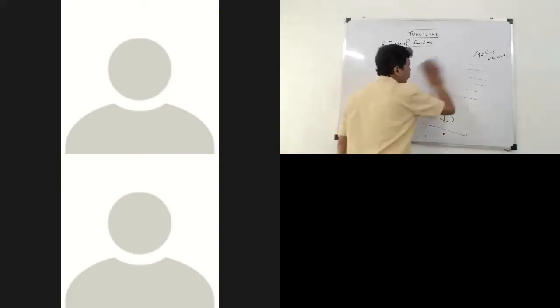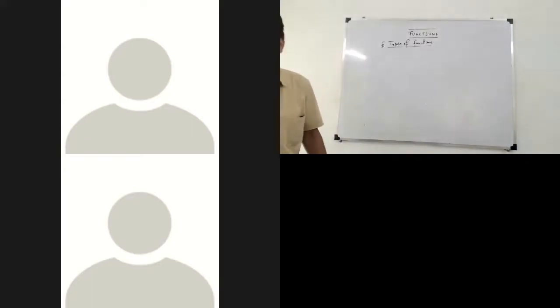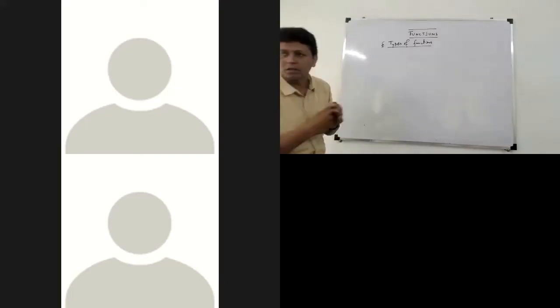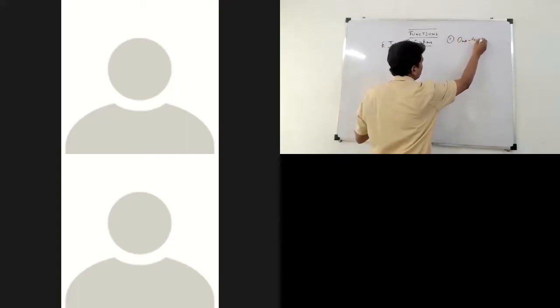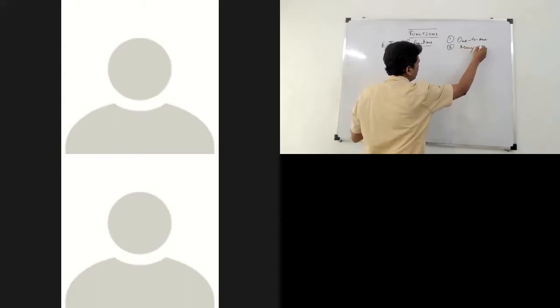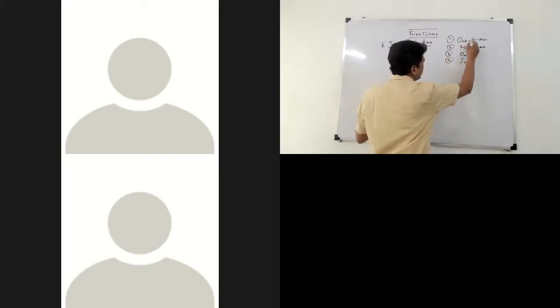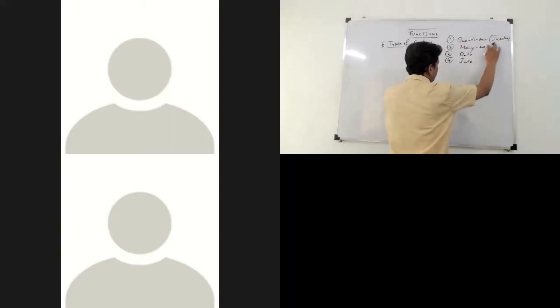Now I will talk about onto. If a function is not one-to-one, that will be many-one. So your first type will be one-to-one. Number 2, many-one. Number 3, onto. Number 4, into. So this is called injective. This is surjective.